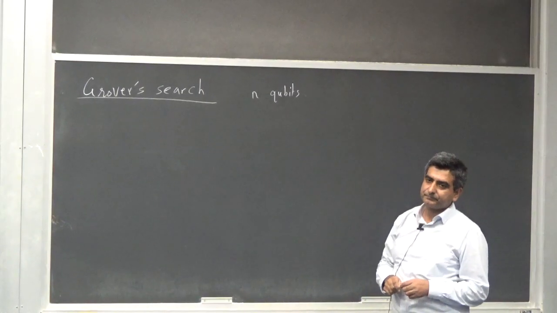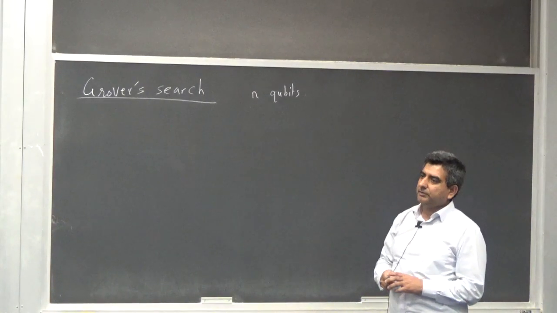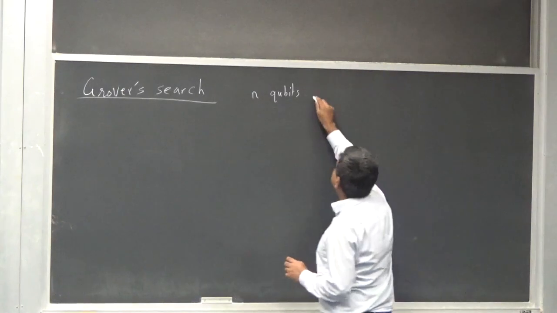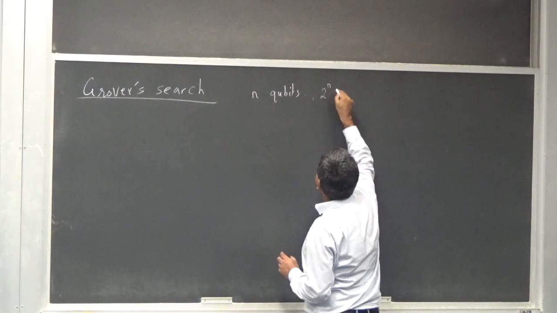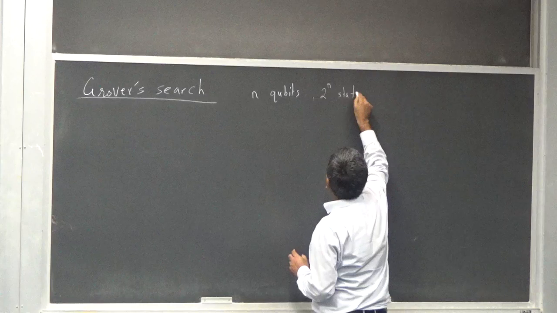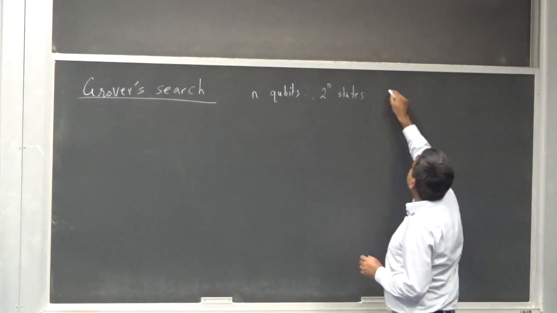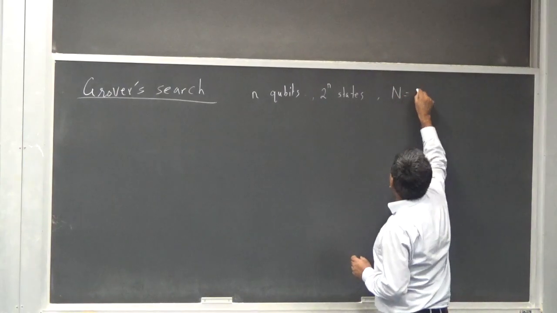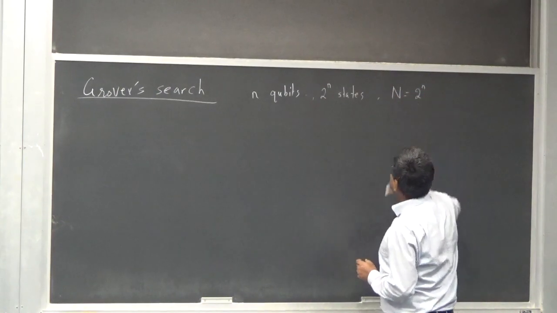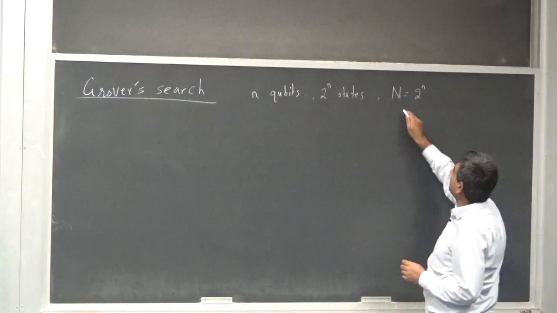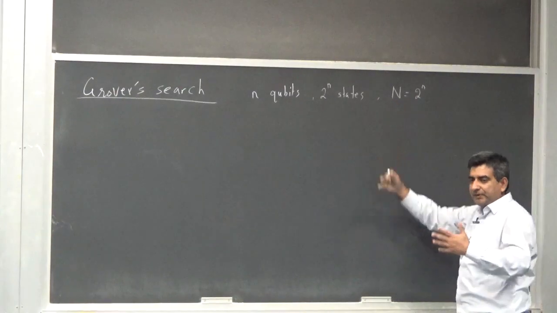With n qubits, you can create a superposition of 2 to the power n states. So let's call capital N as 2 to the power n. So this is the number of states, and we have n qubits.